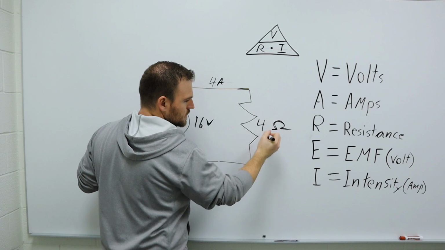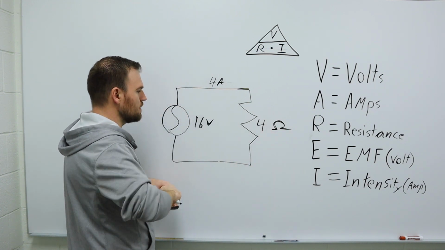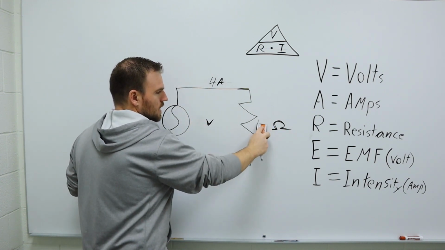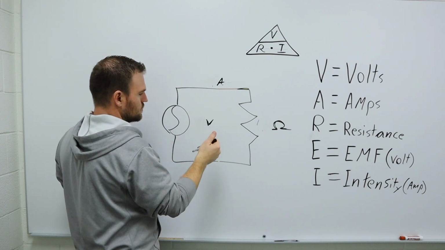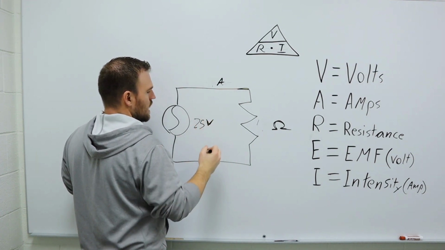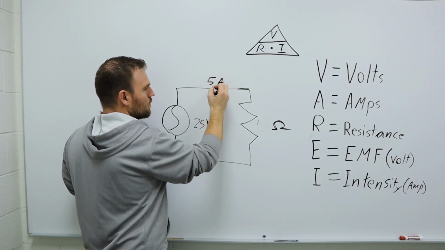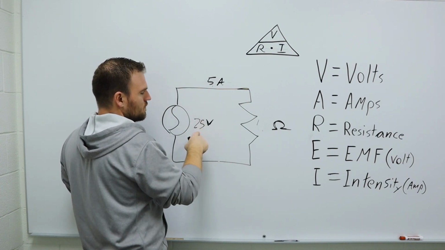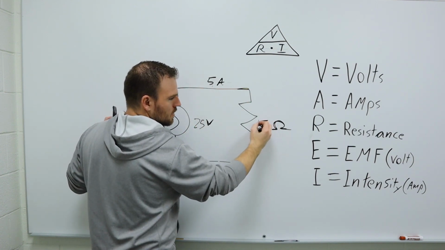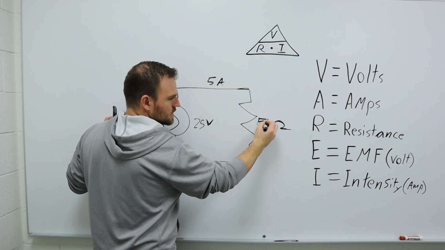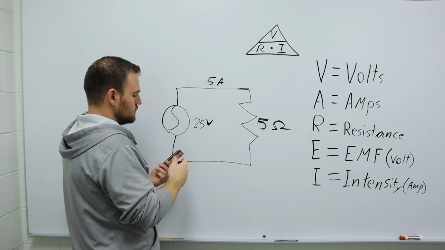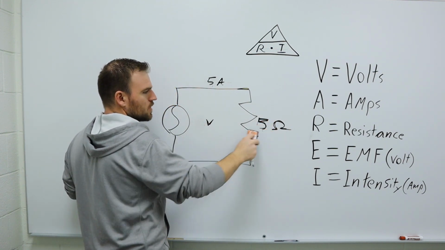Again, if we wanted to change this out to be, I don't know, let's say 25, and we were going to do 5 amps, we do 25 divided by 5 will equal 5 ohms of resistance. Sorry, that was a bad 5. Pretty cool, huh?